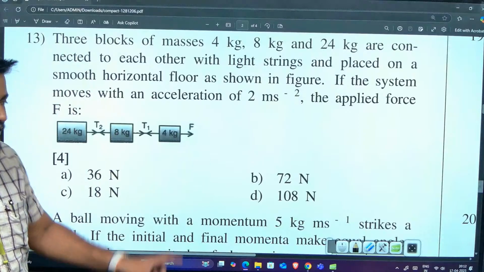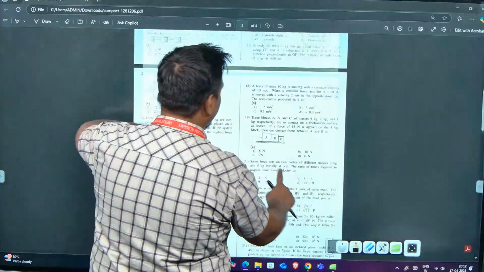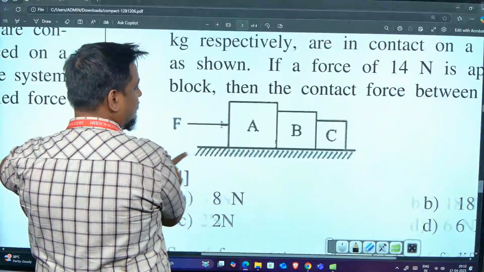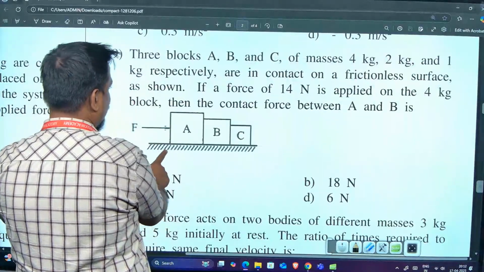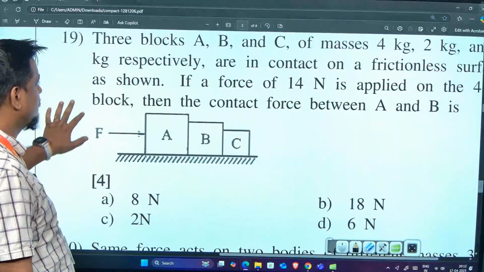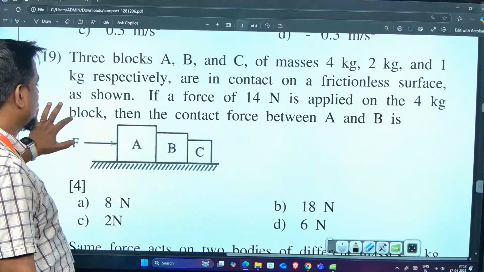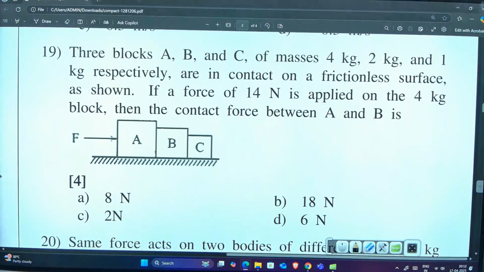Are you seeing? Okay. Let me give another question to you. Question number 19. Solve it fast.